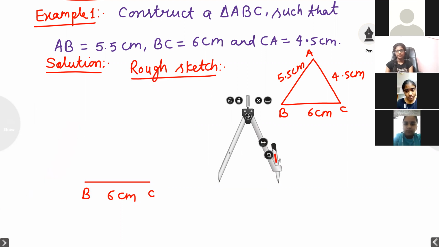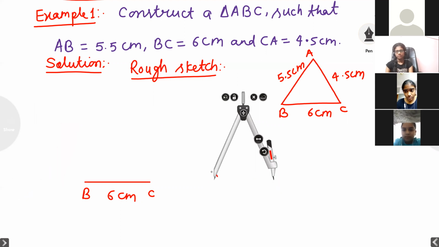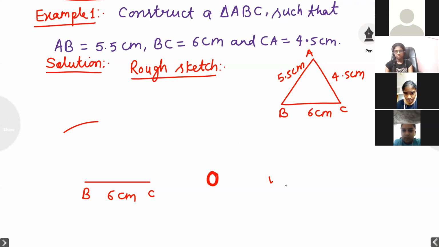This is called the compass. On the left side, this point is called the metal point, and we are inserting the pencil at the other point.